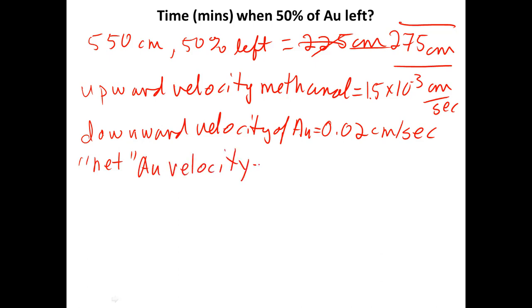The net velocity of gold is the difference between these two, or 0.02 minus 1.5 times 10 to the minus 3, since it's counteracting, giving us a downward velocity of 0.0185 centimeter per second.